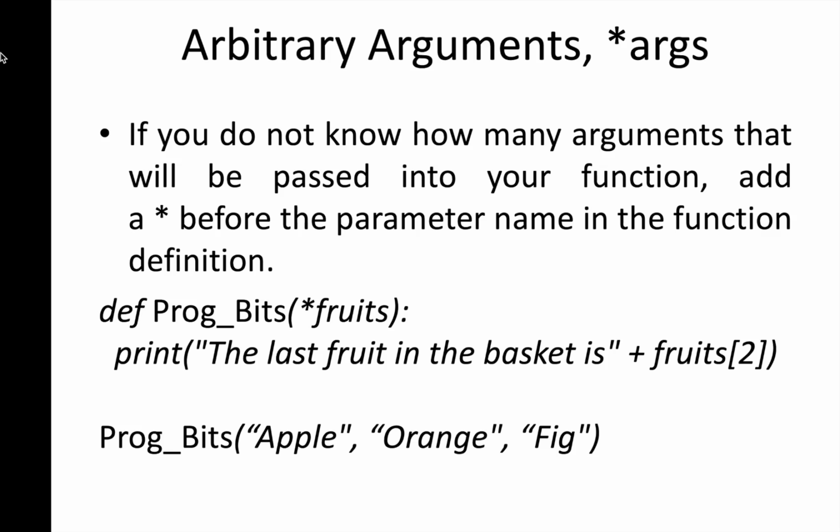We do not know how many inputs come inside, so we use star fruits, and we are trying to print the fruit with index 2. Apple is in index 0, orange is in index 1, fig is in index 2. So the answer will be fig. The output printed will be: the last fruit in the basket is fruit 2, that is fig.